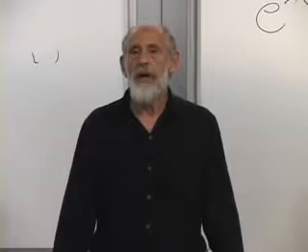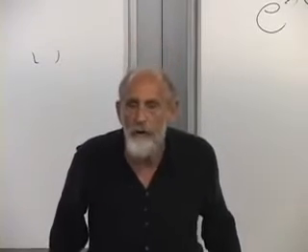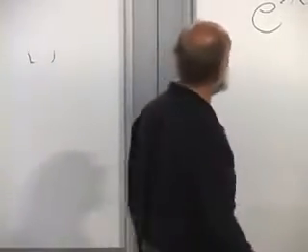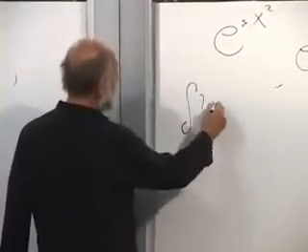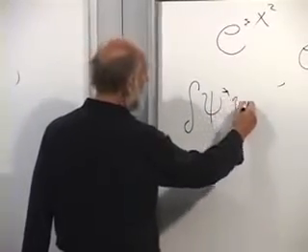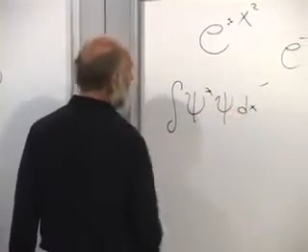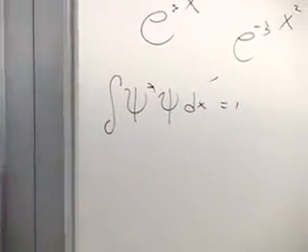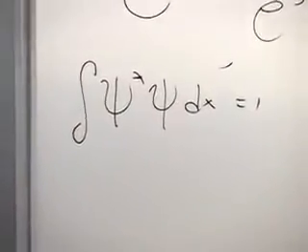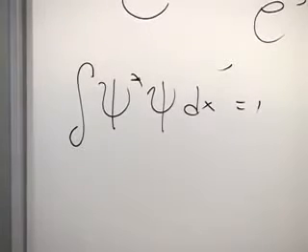The right way to say it is the true space of states is the space of states of square integrable functions. Namely, they have the property that psi star psi dx is equal to 1, total probability equal to 1. That precludes functions which exponentially blow up far away.